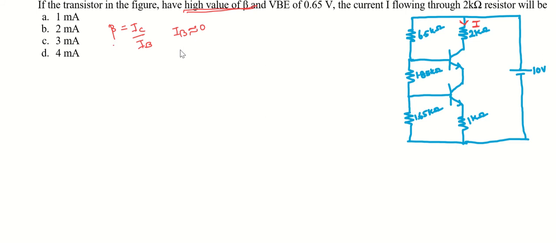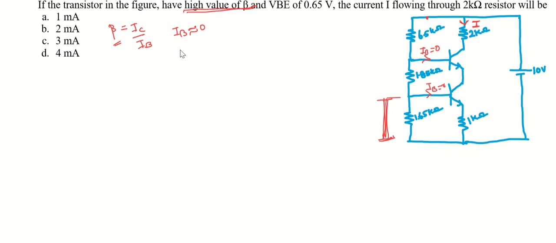When beta is infinite, IB will be equal to 0. That is, we can neglect the base current. So IB equal to 0 here. Now this 10 volt will be reflected here also, so we can find the voltage across each of these resistors. Now I'm going to find the voltage across this resistor.